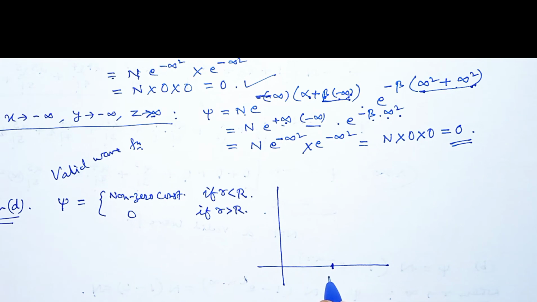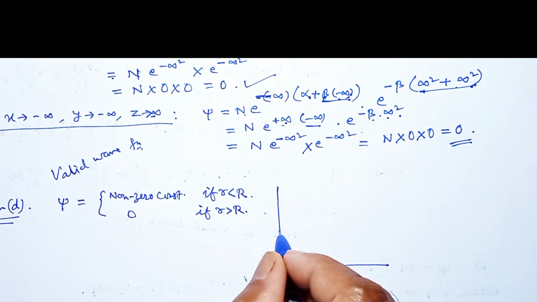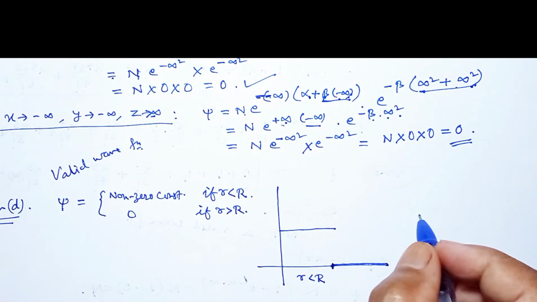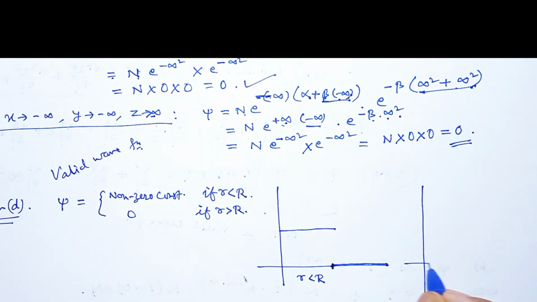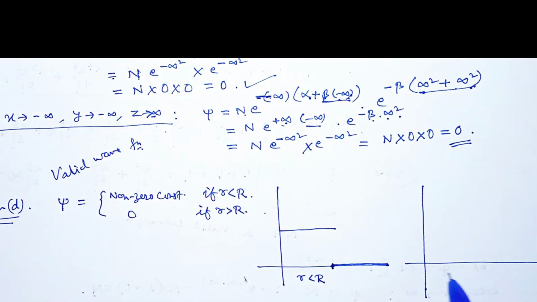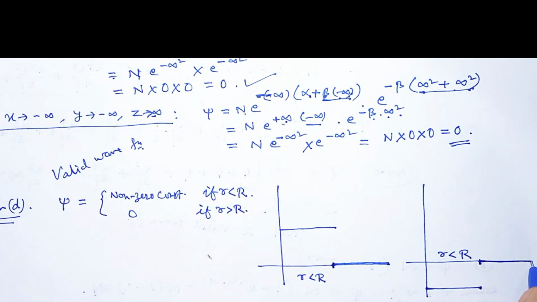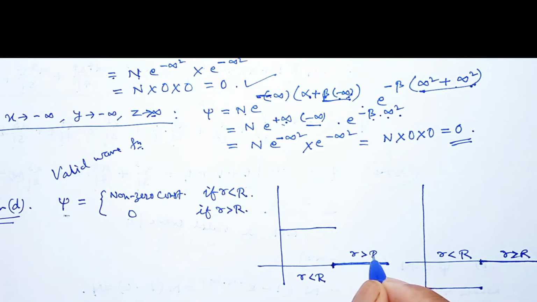Suppose this is r equals R. When r is less than R, it is a non-zero constant like this, and after that it becomes 0, when r is greater than R.